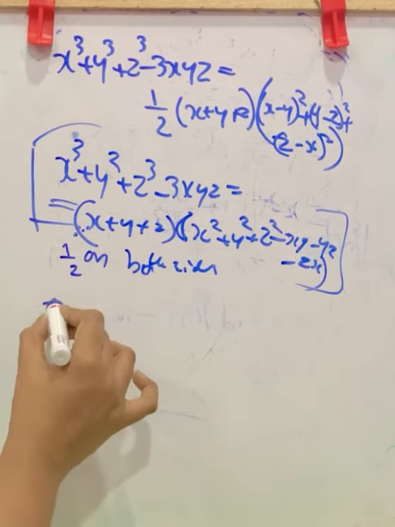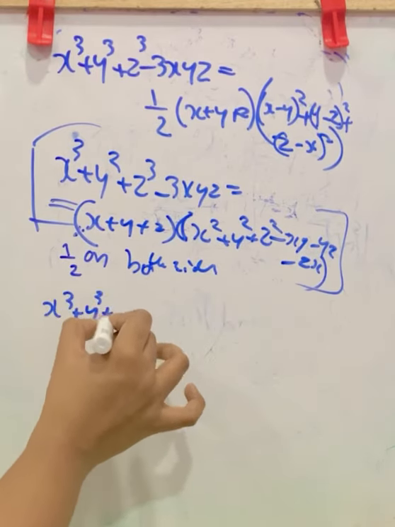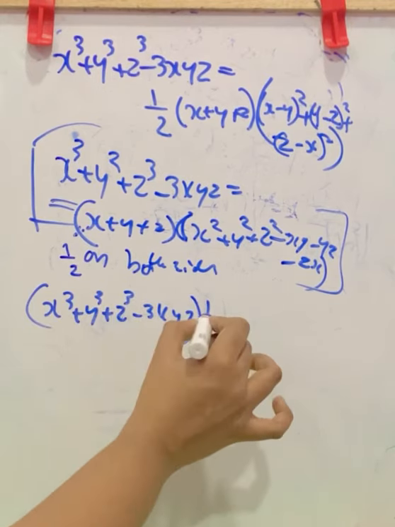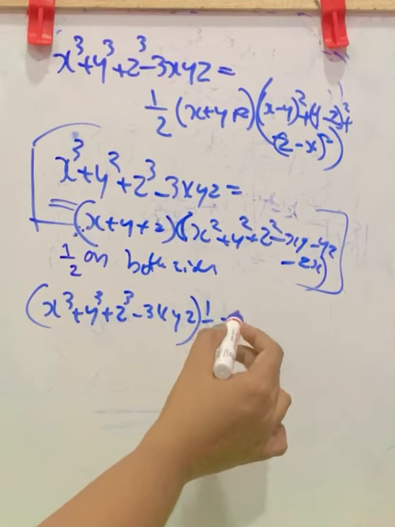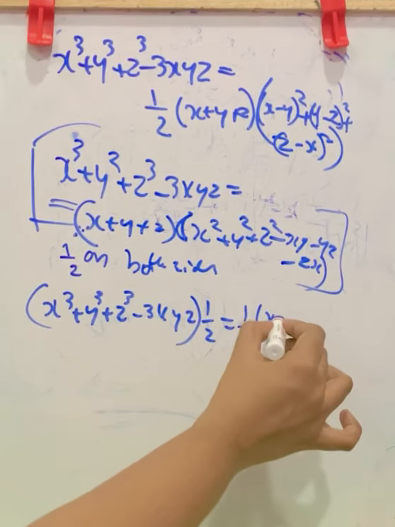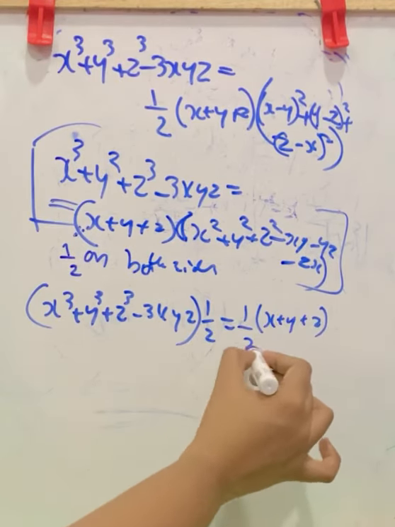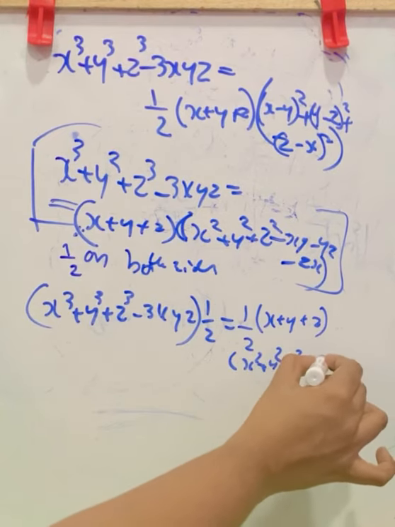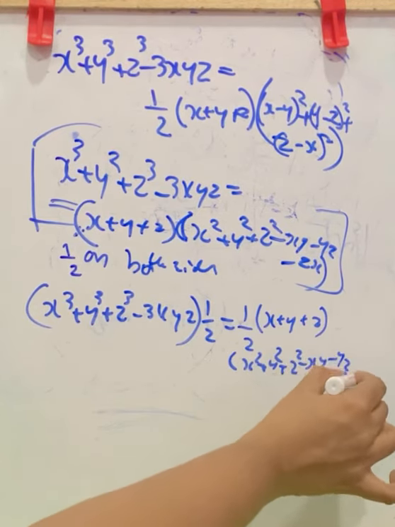This is x cube plus y cube plus z cube minus 3xyz into 1 by 2, equal to 1 by 2 into x plus y plus z into x square plus y square plus z square minus xy minus yz minus zx. That is this term.